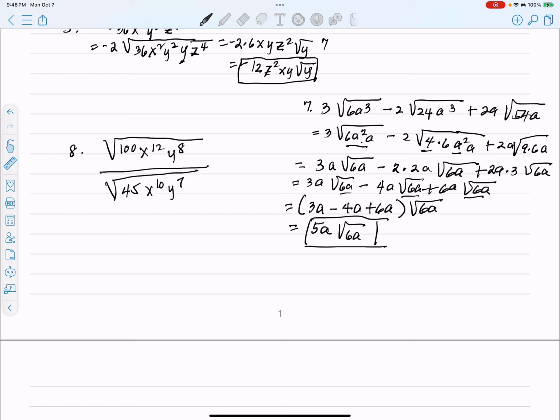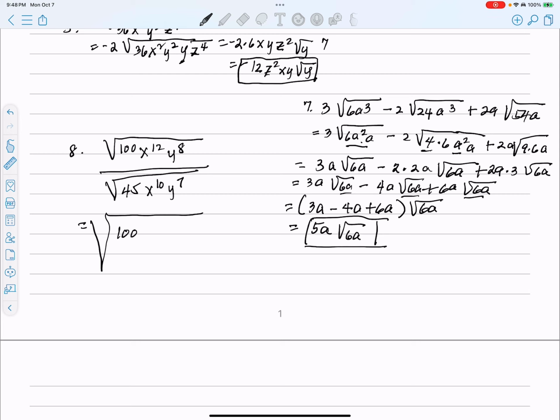Alright. Remember, it's much easier to bring them to one radical since both are square roots and we see a common base, so it's easy for us.